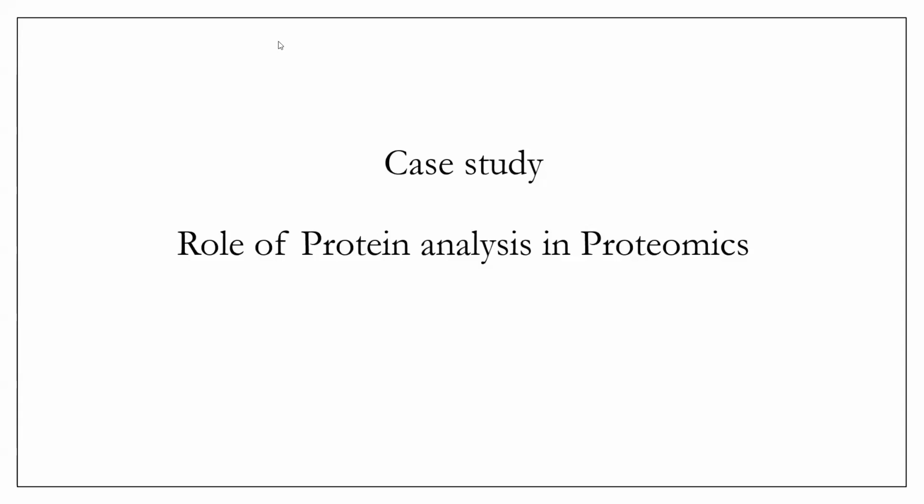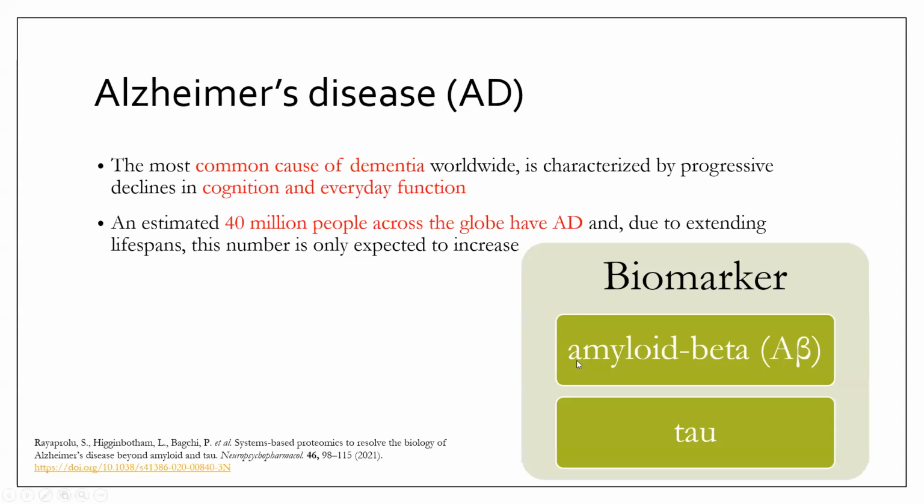Now, let us talk about Alzheimer's disease. I think everyone knows of Alzheimer's disease. Alzheimer's disease is a very common cause of dementia, where people's everyday function deteriorates day by day.